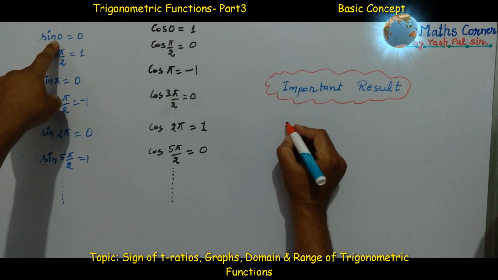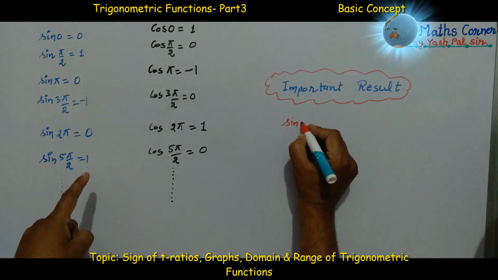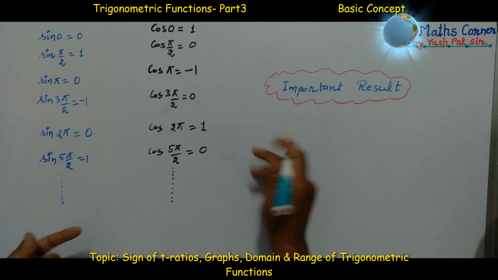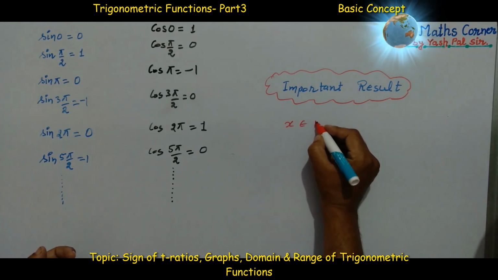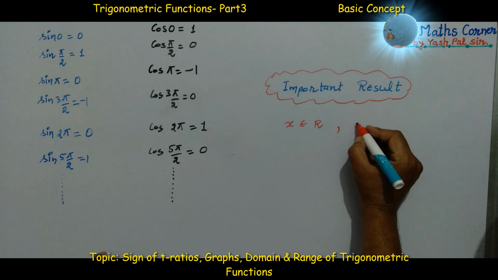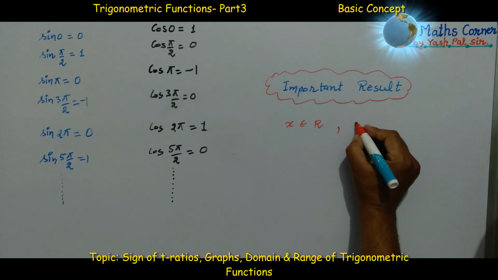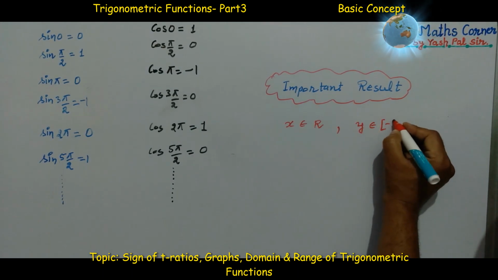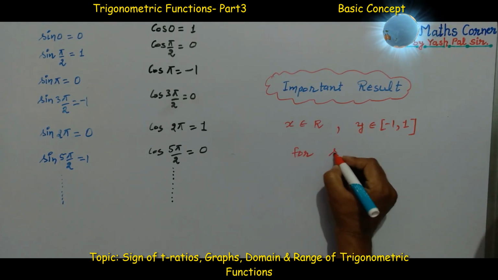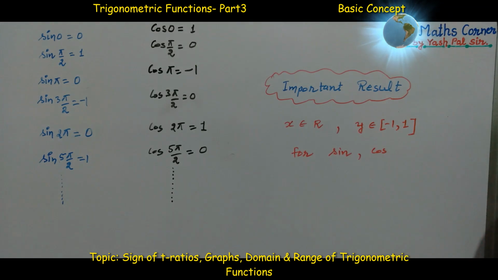Here x is changing, so x belongs to the set of all real numbers, whereas the value of sine x lies between minus 1 and plus 1, in the case of sine and cosine functions.